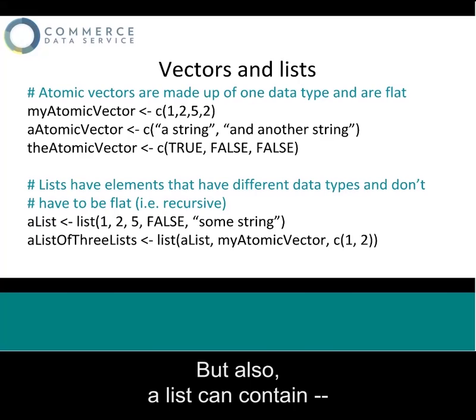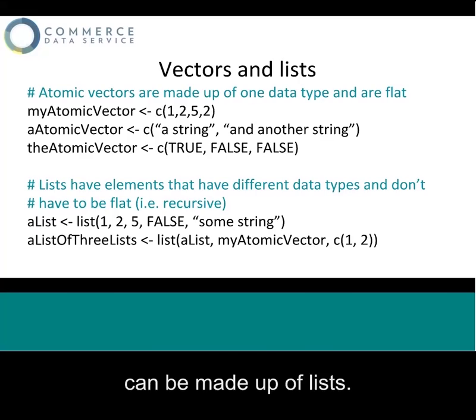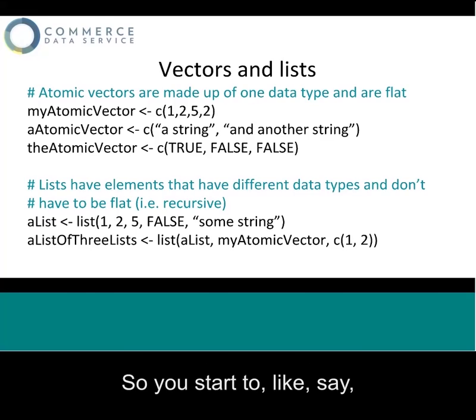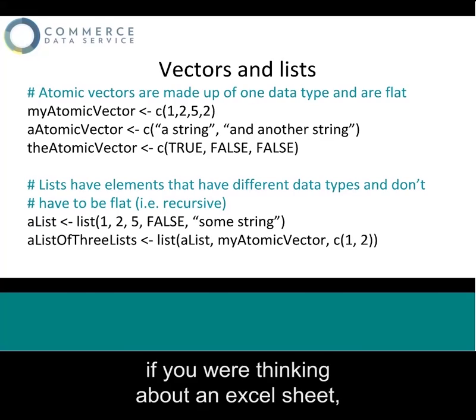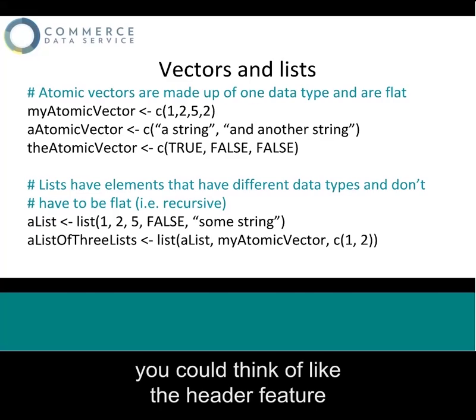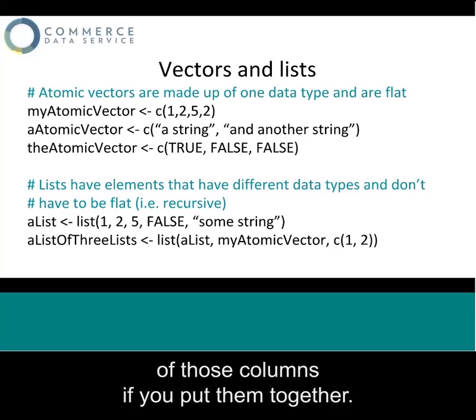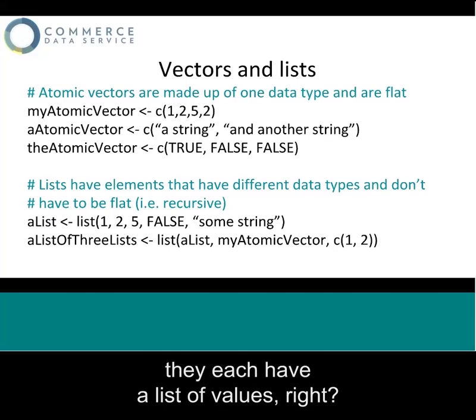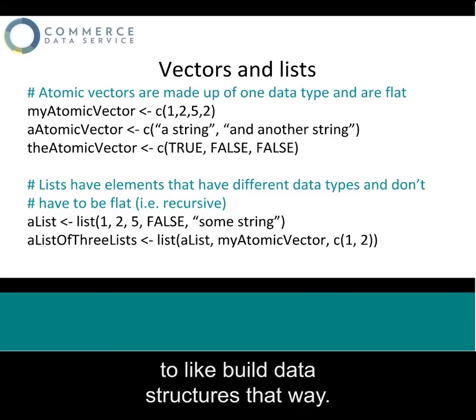But also, a list can be made up of lists, or it can be made up of vectors. So if you were thinking about an Excel sheet and you had 5 columns, you could think of the header for each of those columns. If you put them together, that is one list, and within it, they each have a list of values, right? So you can start to build data structures that way.